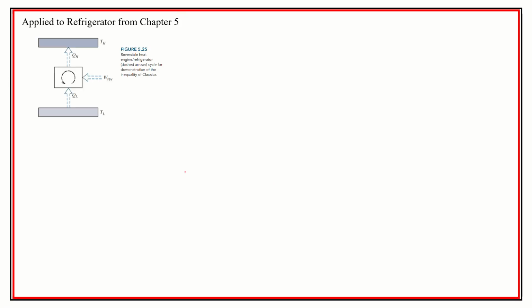You can also apply it to the refrigerator, the Carnot refrigerator from chapter 5, right? Now, of course, we're moving this thing around. We're putting work into the system, and we are extracting the cold temperature out, and then we're expelling it to the high, right?